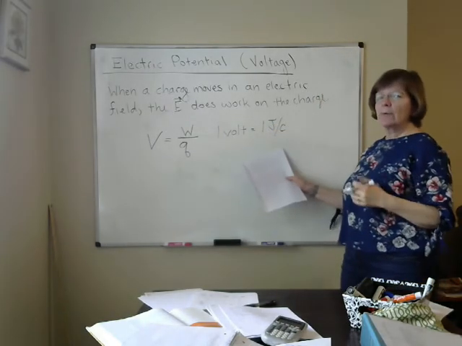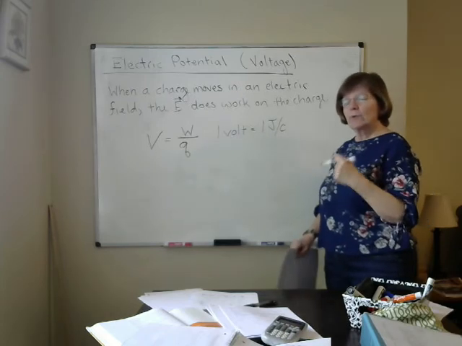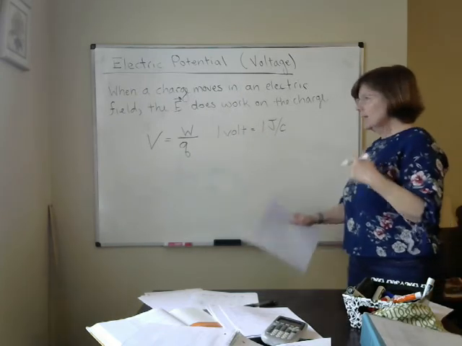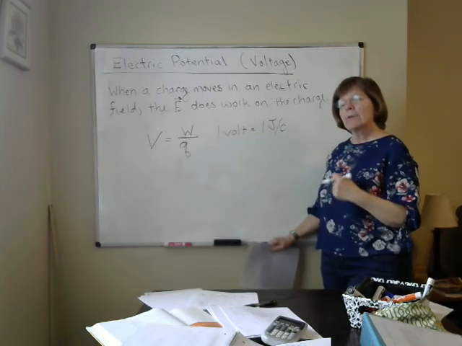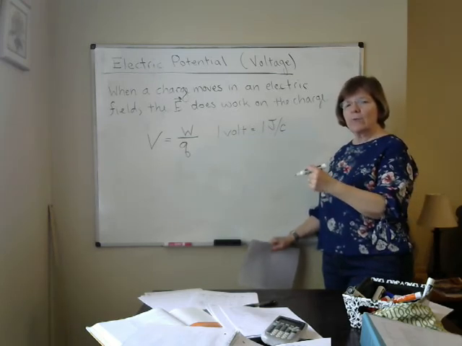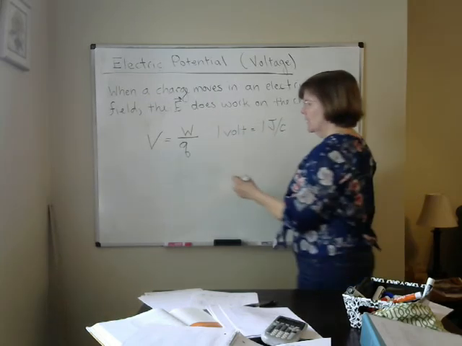Really important probably that you remember what 1 volt means, because there's 2 ways to think about it. If you have a 12 volt battery, that battery does 12 joules of work on every coulomb of charge that flows through it.